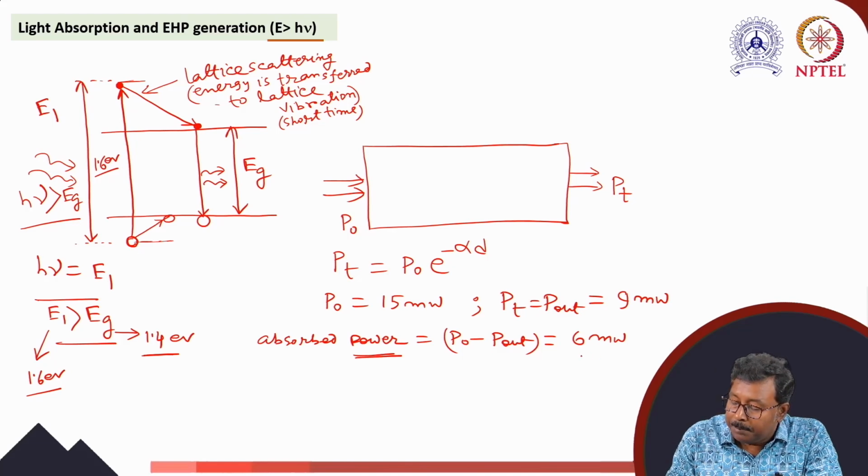So of this 6 milliwatt, what is the fraction of power converted to heat? That also can be calculated. Out of this absorbed power, some fraction is converted to heat and some is in the form of h nu.